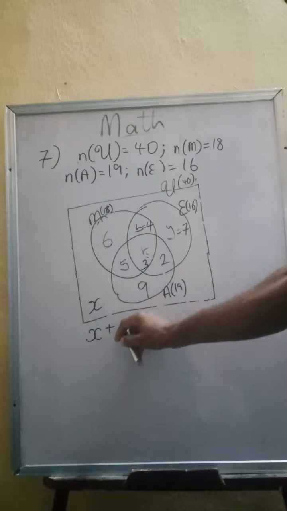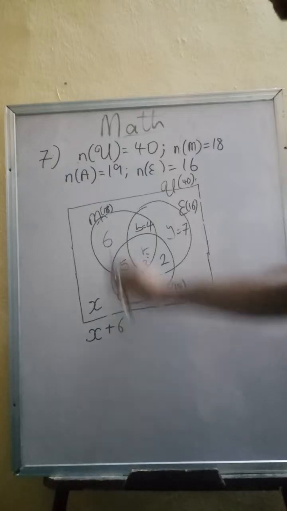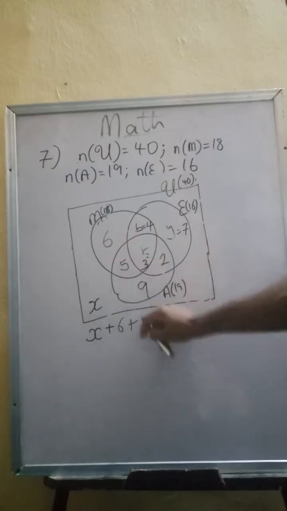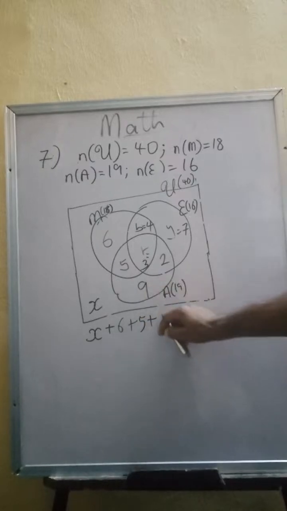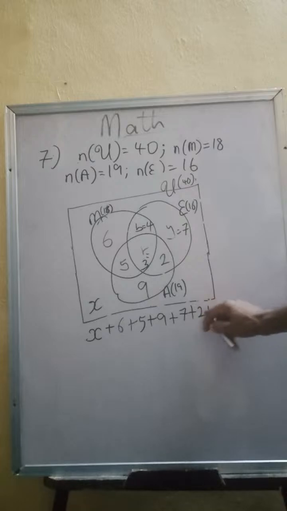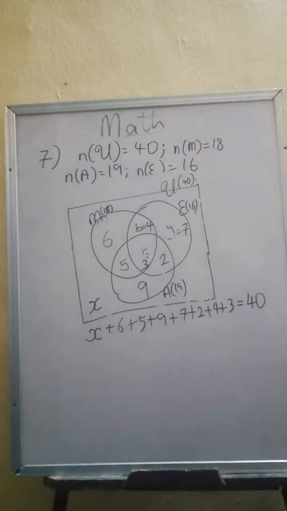So let's take it gently. X plus 6 plus 5 plus 9 plus 7 plus 2 plus 4 plus 3 equals 40. There is no particular order. You could just take it randomly, but make sure every value is included.